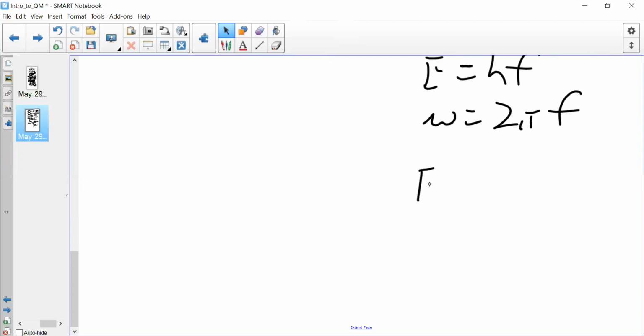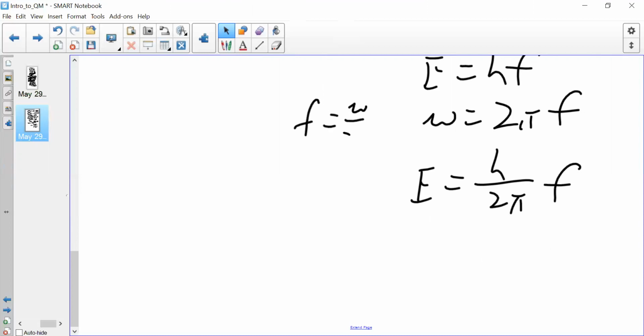So E equals h times f, and f is equal to omega over 2 pi, so it's h, and that's going to be omega here.